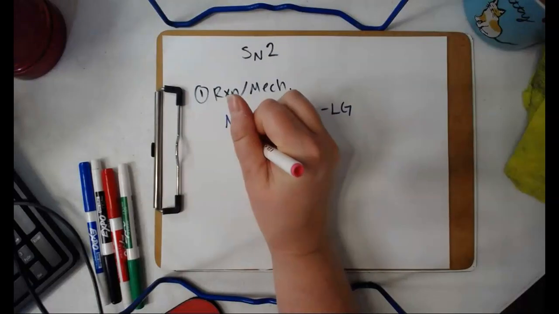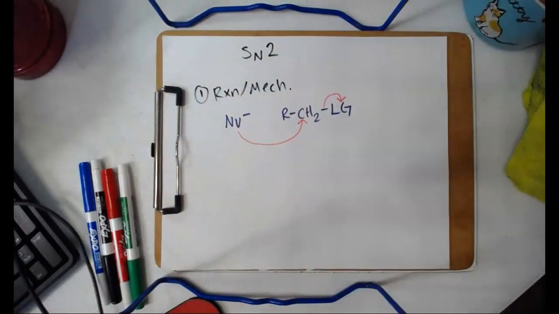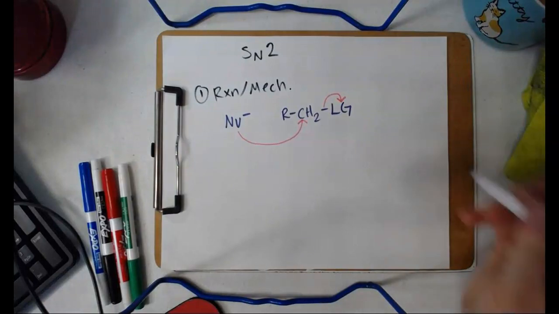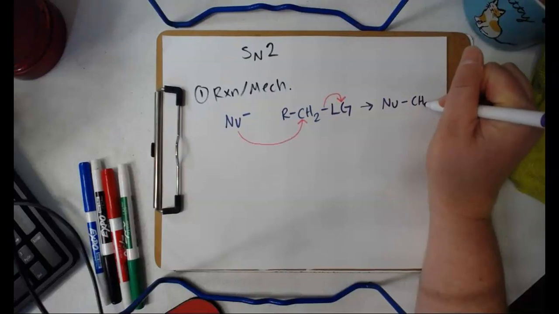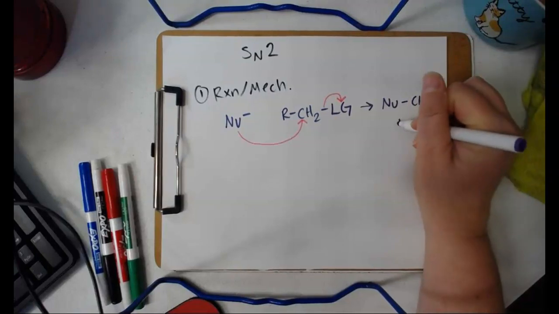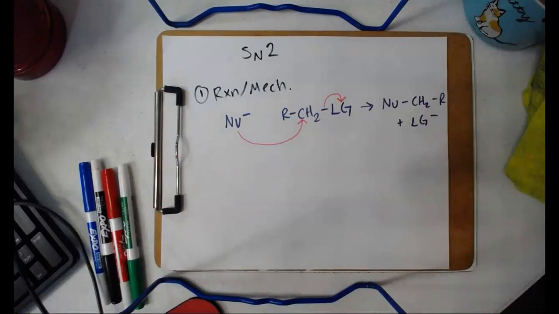And we're going to go from that nucleophile to the carbon, and then to the leaving group. And so we will have our nucleophile bonded to our CH2 and our leaving group off on the side. So right now, that's the most important thing we know about it. A nucleophile is replacing that leaving group.